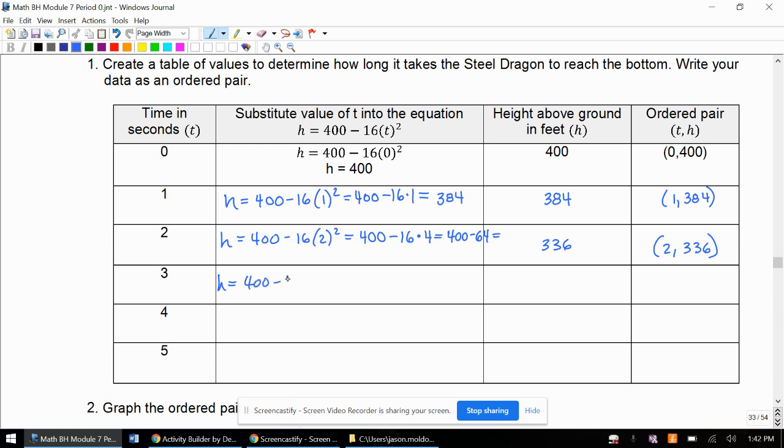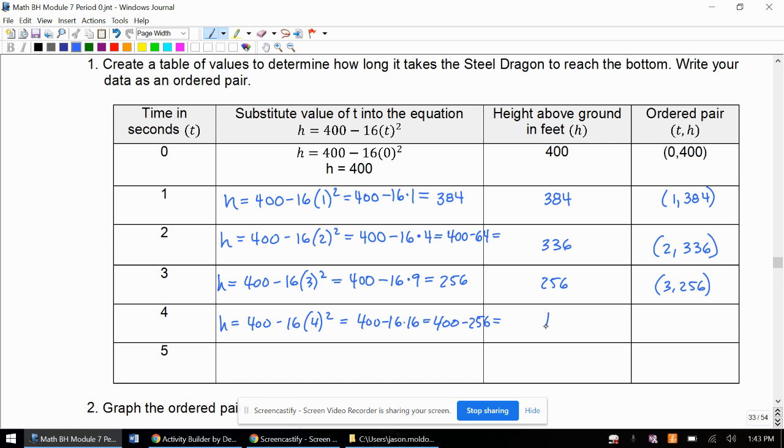If you feel like you've got it, you can feel free to skip to the end. I'm going to point out a couple other things. We are just doing some number crunching here. 400 minus 16 times 9 will leave us with 256. 144.